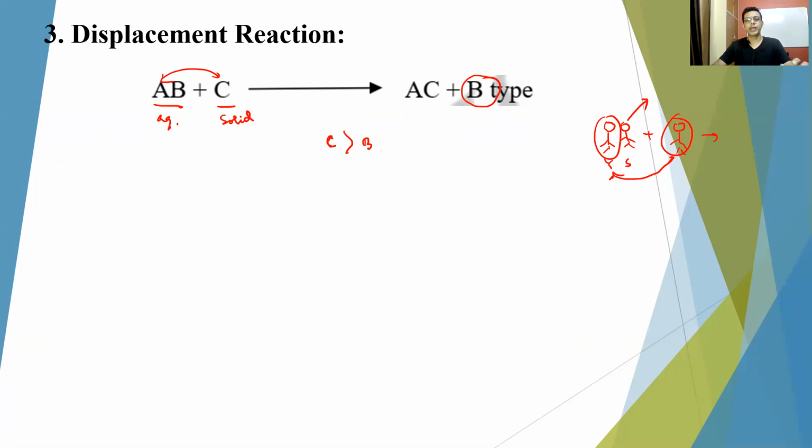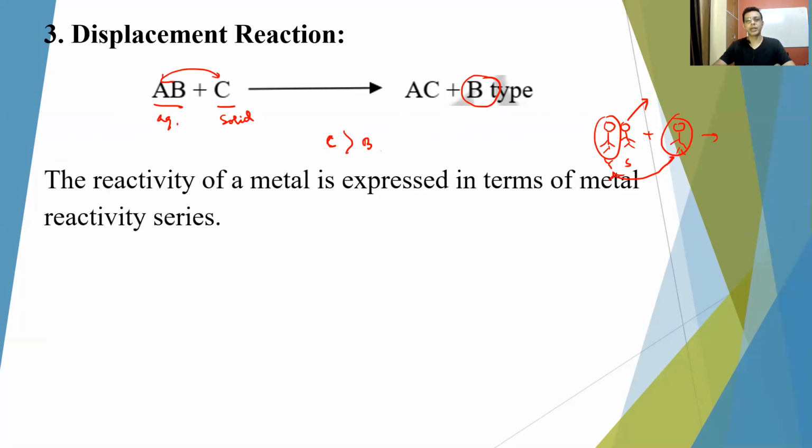Now, which element is more reactive, which element is less reactive? These are explained based on some value called electrode potential, about which you will study in higher class. But here we'll give you the metal reactivity series, which is a series where metals are arranged in order of their reactivity.